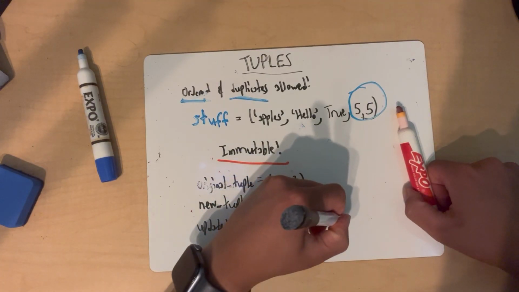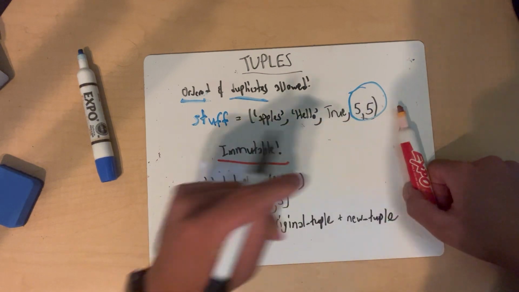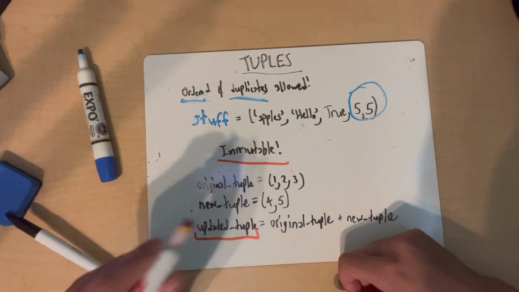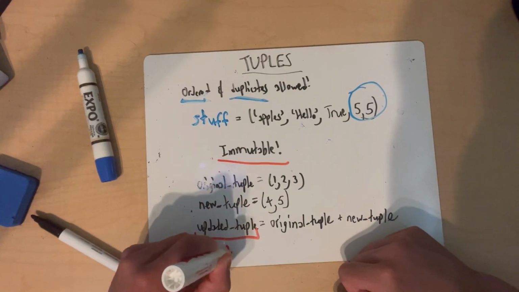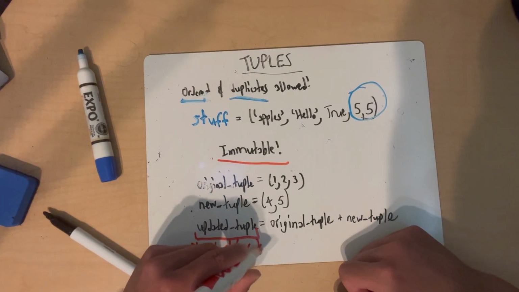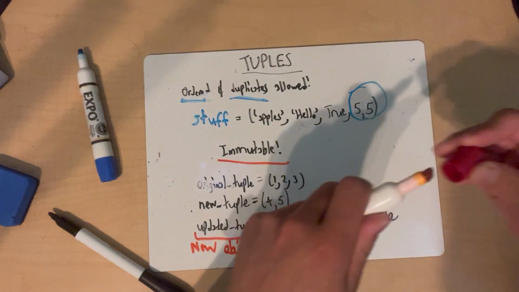So I have to use the addition operator, but then I have to reassign that to a new tuple. In this case, it's called updated tuple, and it's going to be equal to whatever is inside original tuple plus whatever is inside the new tuple. That's going to change the length. You have to reassign the elements in the tuple to another tuple.